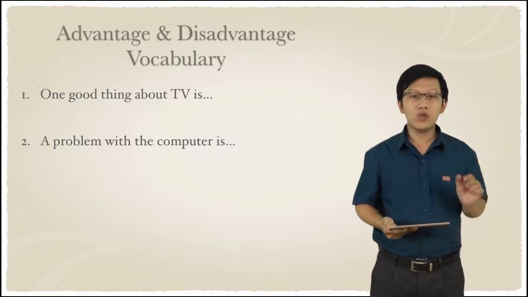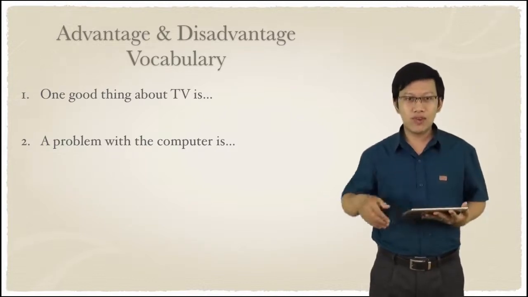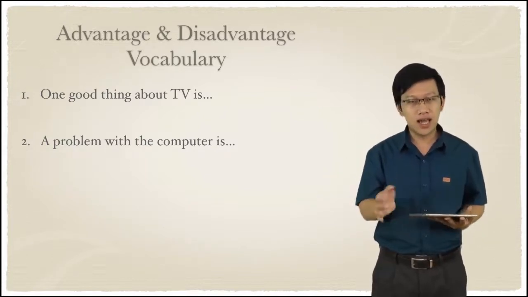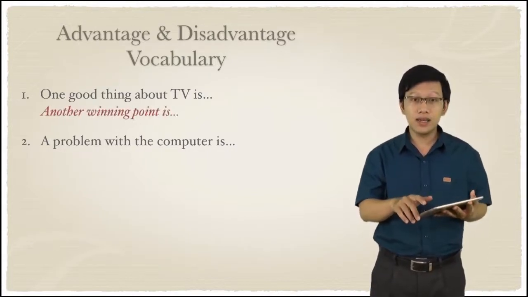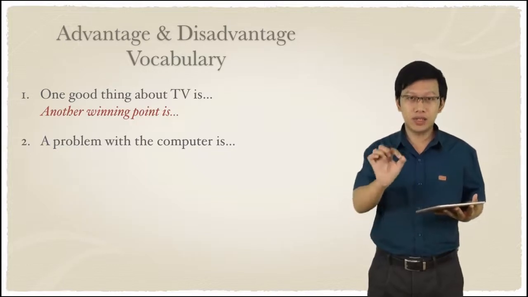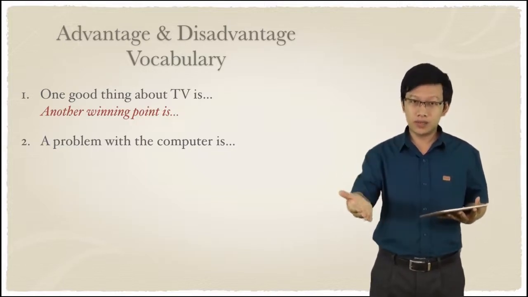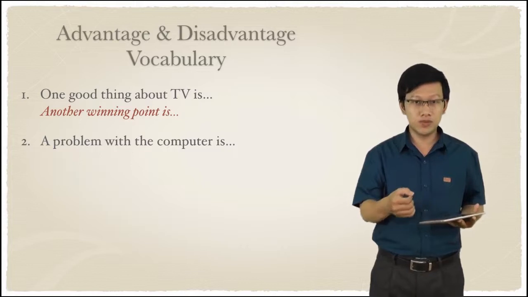Now, I want you to practice. Let's say we have, one good thing about TV is, how do you continue with the second main idea? We can say, another winning point is, right? One good thing about a TV is, another winning point is, another merit is, very simple.